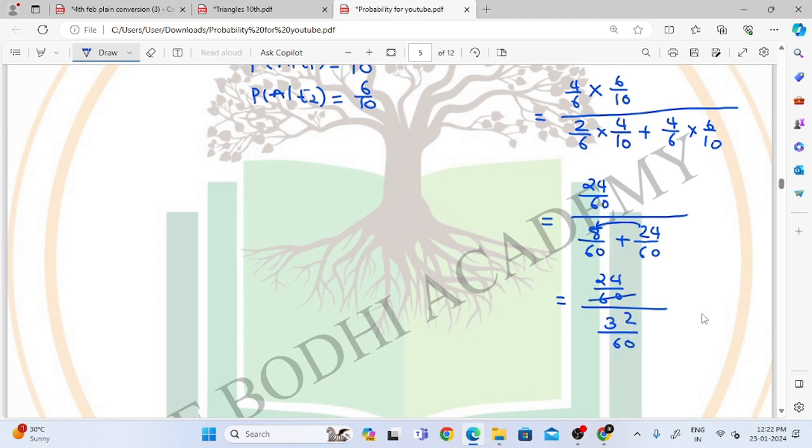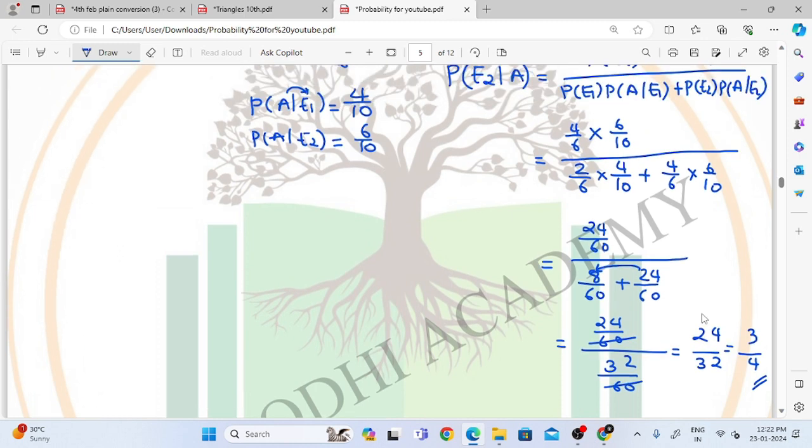So this 60 and 60 will vanish, 24 upon 32. If you cancel out by 8, 3 eights are 24, 4 eights are 32, so the answer will be 3 by 4. So for this question the answer is 3 by 4.